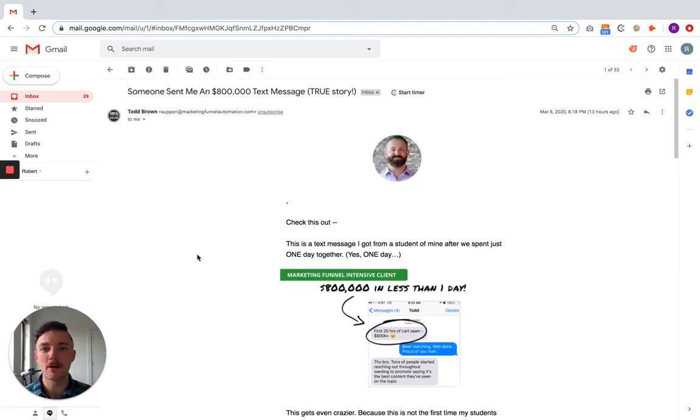So here are some takeaways. The curiosity is huge in this one, right? The unique concept in this, the big idea, is this $800,000 text message. Ideally, you probably haven't seen someone talk about the concept of an $800,000 text message before, so it piques your curiosity, it makes you pay attention.